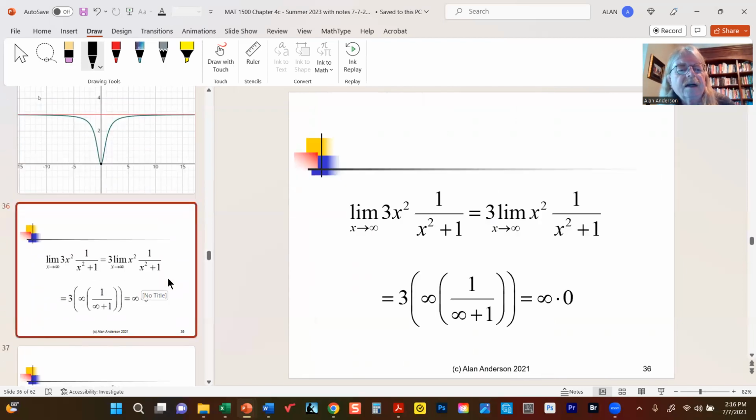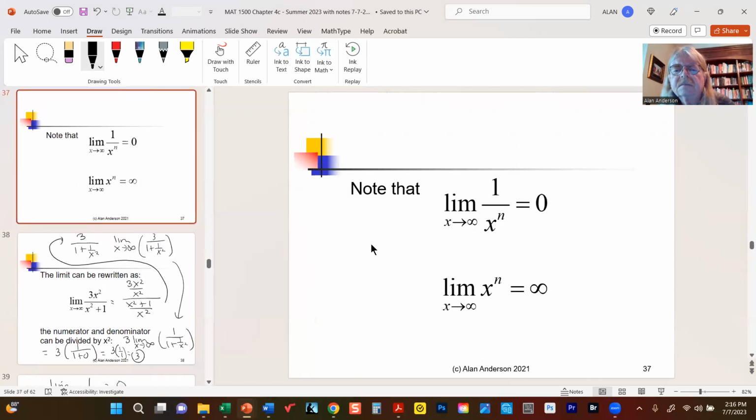So what can we do about it? All right, well, we know that the limit of 1 over x to the n, as x goes to infinity, is 0. And the limit as x goes to infinity of x to the n is simply infinity.